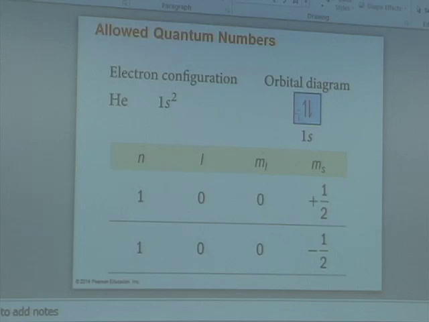And then we can characterize it. Last time, n referred to the principal quantum number by definition, and l, we said, was the angular. And m sub l is the magnetic, m sub s is the spin quantum number.